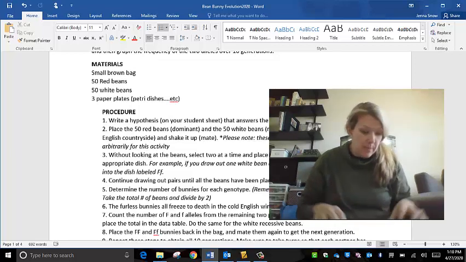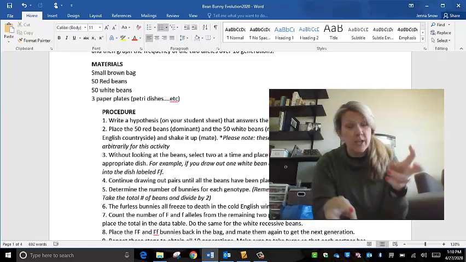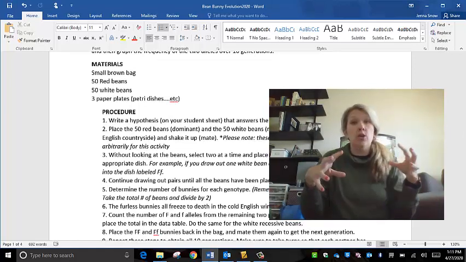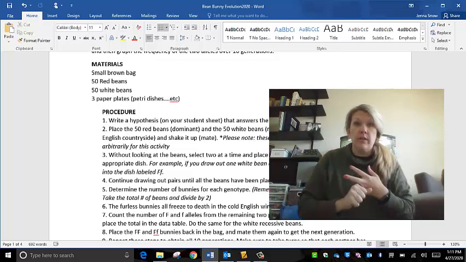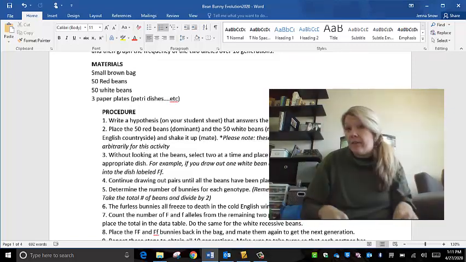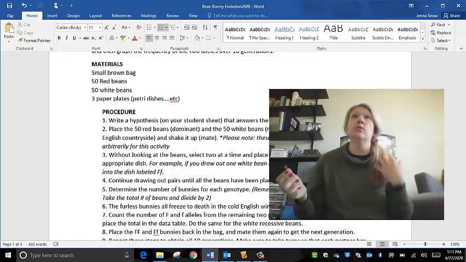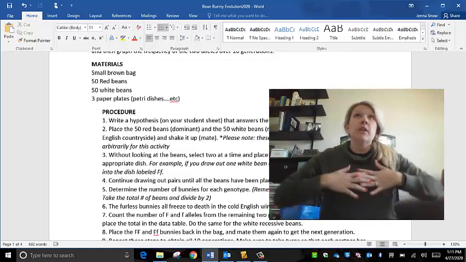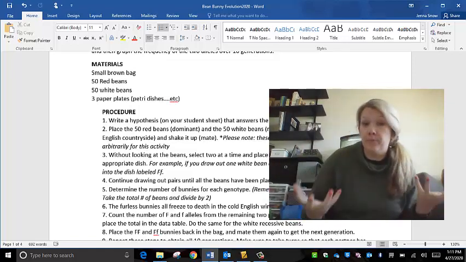And the bag itself is going to represent the English countryside because you're going to be randomly pulling things out. So you can use a drinking cup. You can use a really deep bowl if you want to. You can use a Ziploc bag if you have one. You could use your backpack if you wanted to. You could use a small bucket or a clean trash can. Just something where you can pull things out of, okay?